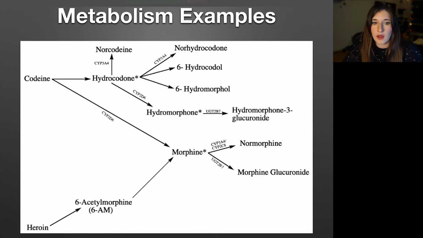Here we have a really great example of drug metabolism. So you can see here that we're starting with the parent drug codeine and the parent drug heroin. And from there, we ultimately end up at morphine from both of them, but there's a little stop along the way for heroin. There's that active metabolite, 6-acetylmorphine or 6-AM.